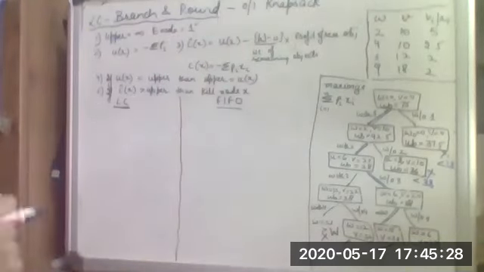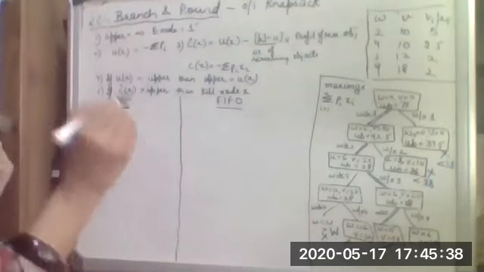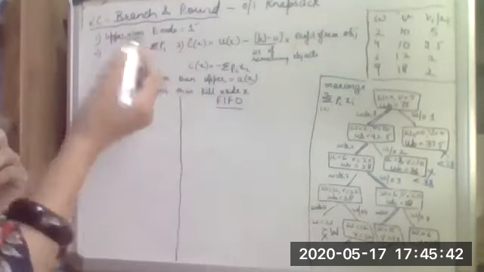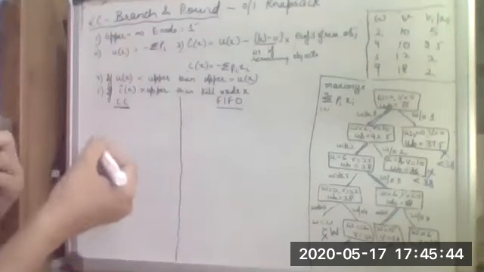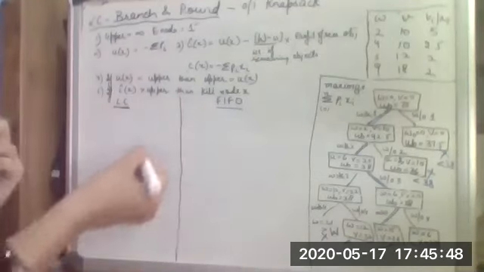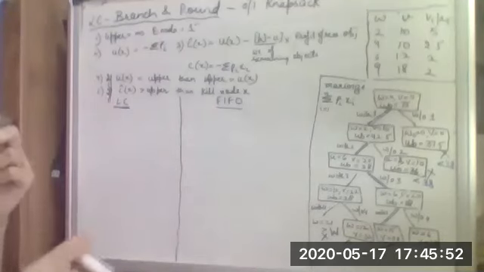Whenever we are working on this state space tree for LC branch and bound, we treat any node that we are working with as an E node, and every E node is included as a live node. That means we are working on it, and it will generate the sub nodes or the branches.